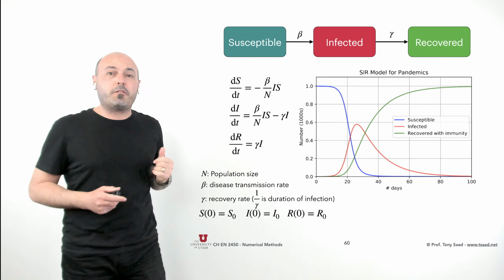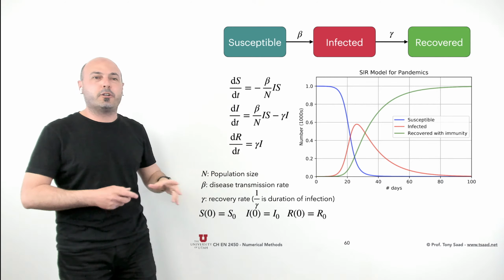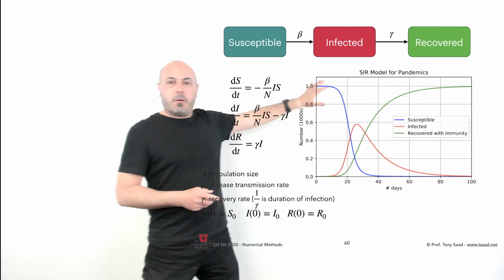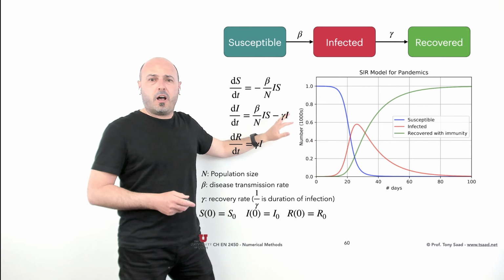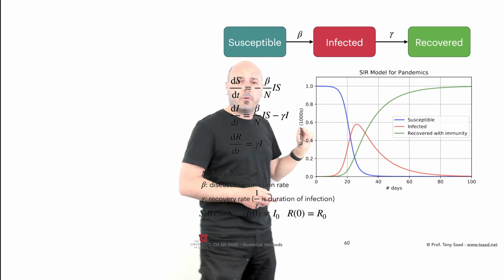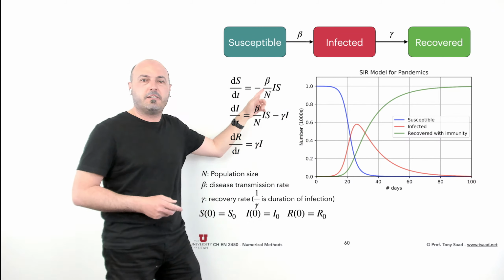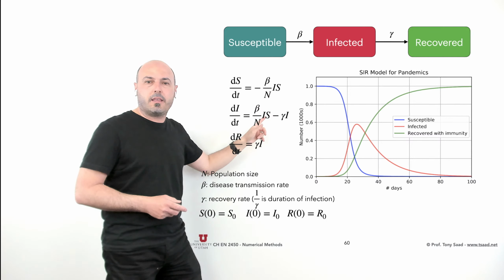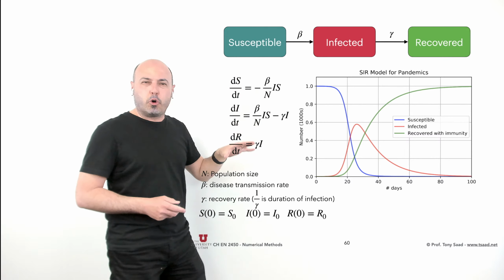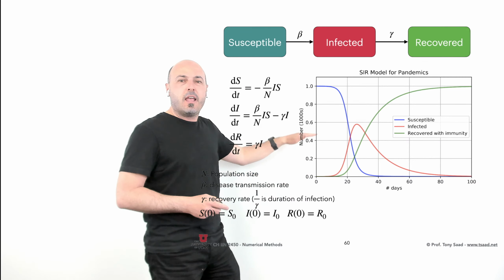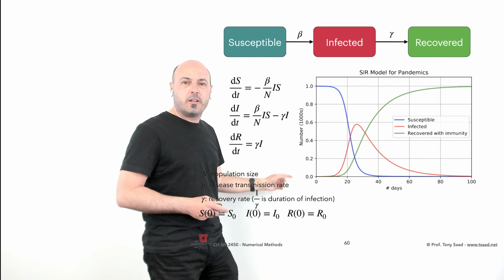But if you solve this problem, and I'm gonna give you a chance to play around with the numbers, this is my solution with some parameters that I chose, okay? And this is what I'm plotting here in terms of percentages. So what I did, I divided everything by N, so that I normalize, I look at a percentage of the population. So the y-axis is the percentage of the population.